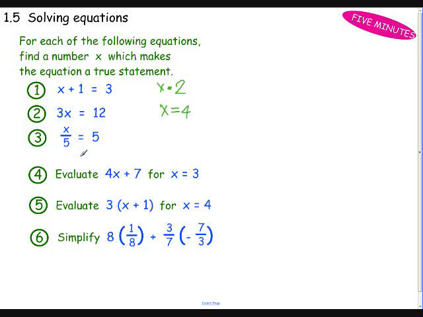And how about this one? What would make this one true? What number could we divide by 5 and get 5? Clearly, it has to be larger than 5, doesn't it? Now, you probably already figured out what that should be. But suppose I just wanted to solve this using methods I learned in Algebra 1.